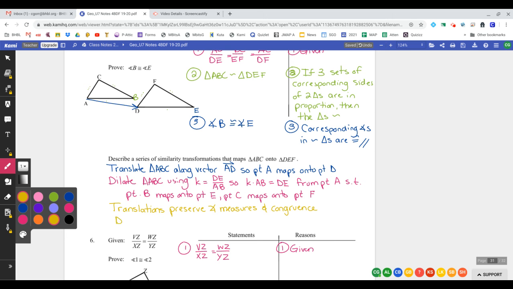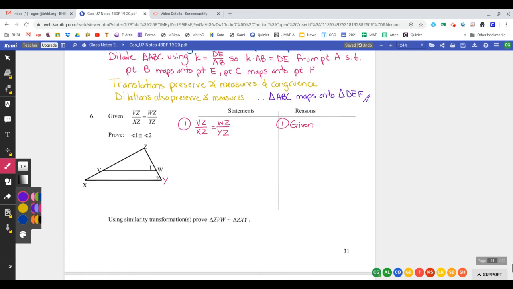We know that dilations also preserve angle measures. My conclusion then, therefore, triangle ABC maps directly onto triangle DEF. All right, and moving on to our next one.